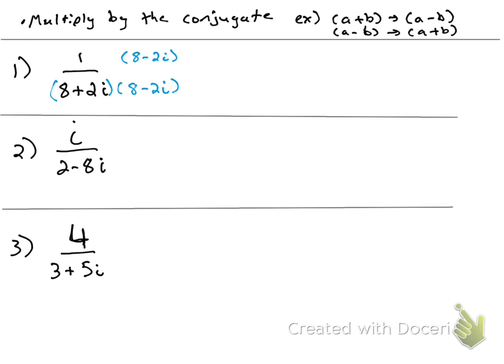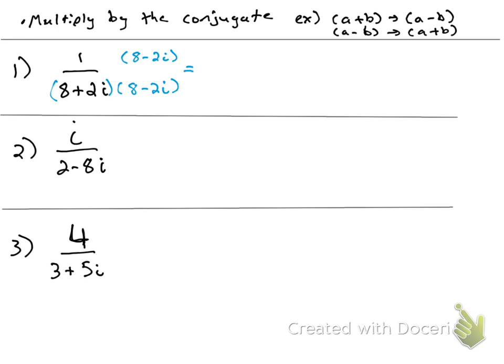And you can FOIL every time if you want to. But when you multiply by the conjugate, outer and inner is always going to cancel in the FOIL part. So you can do the first term squared minus the second term squared. In this example I'm going to FOIL to show you how it cancels. But from this point forward, when I multiply by the conjugate, I will just do the first term squared minus the second term squared.